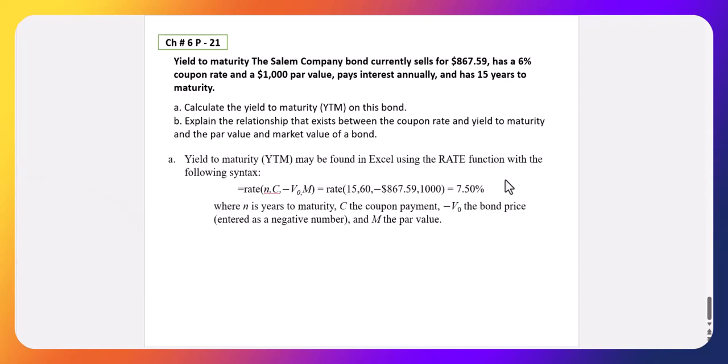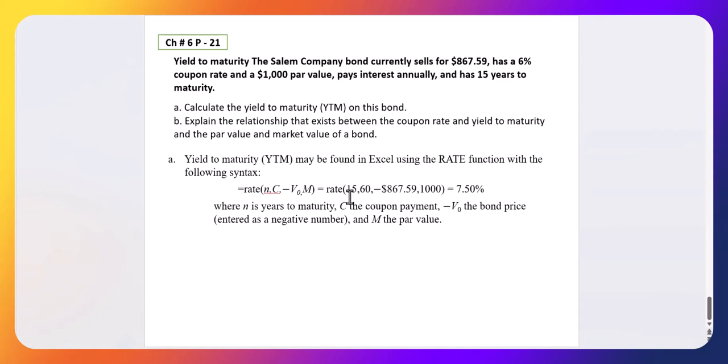It is advisable to go to Excel to calculate the yield to maturity. The yield to maturity equals the rate, and that's what you're going to put in a cell: equals RATE, parentheses, N, the number of years to maturity, C, the coupon payment, minus the bond price, entered as a negative number. So you want to put a minus there for a negative number, and M, the par value of 1,000.